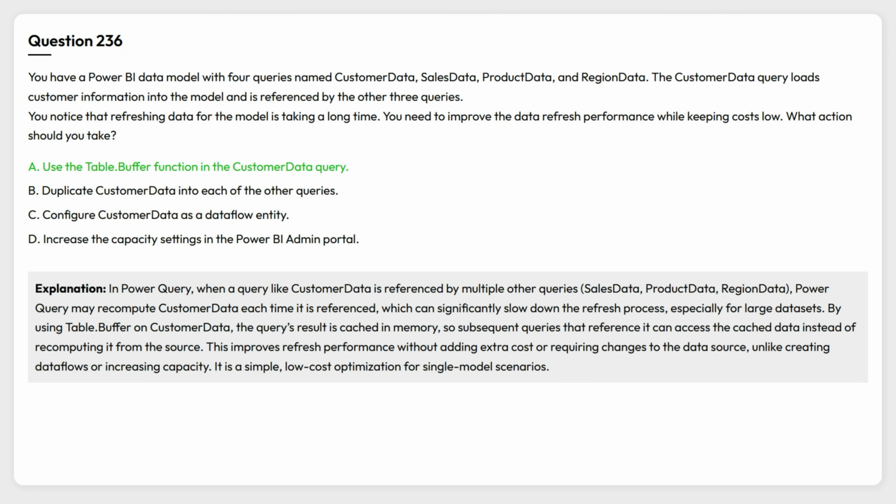By using table.buffer on customer data, the query's result is cached in memory, so subsequent queries that reference it can access the cached data instead of recomputing it from the source. This improves refresh performance without adding extra cost or requiring changes to the data source, unlike creating data flows or increasing capacity. It is a simple, low-cost optimization for single model scenarios.